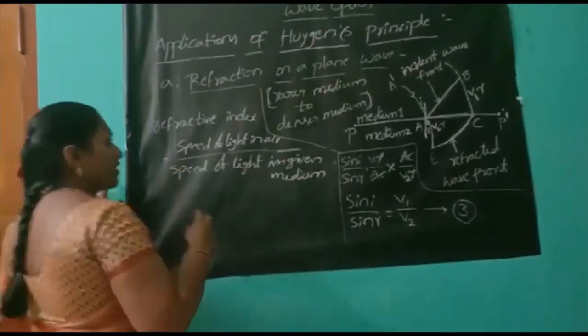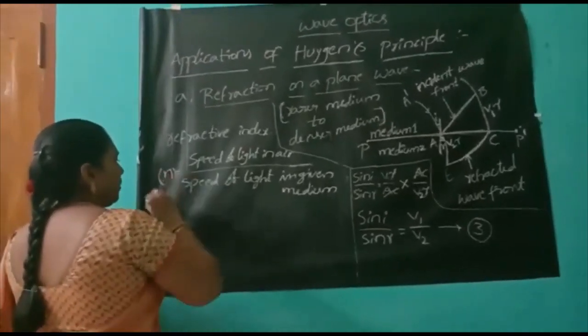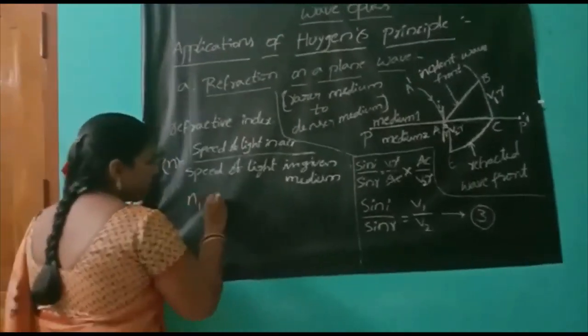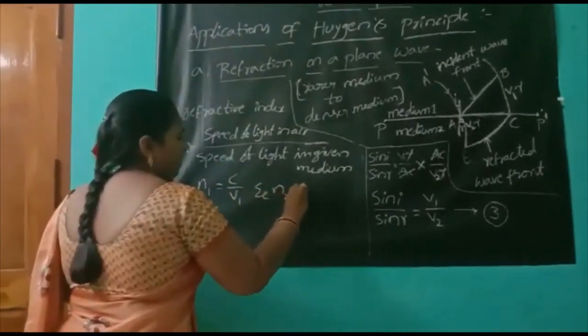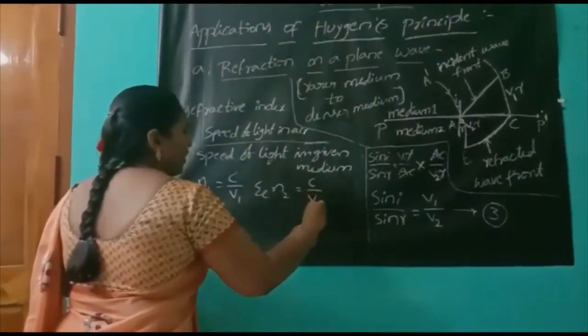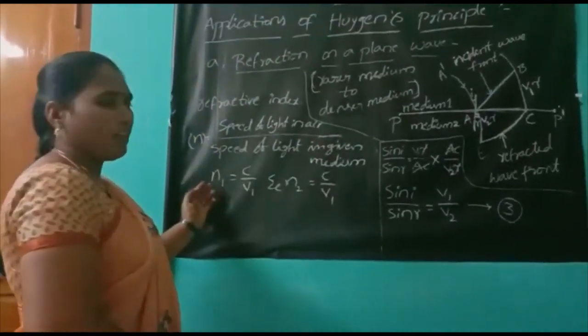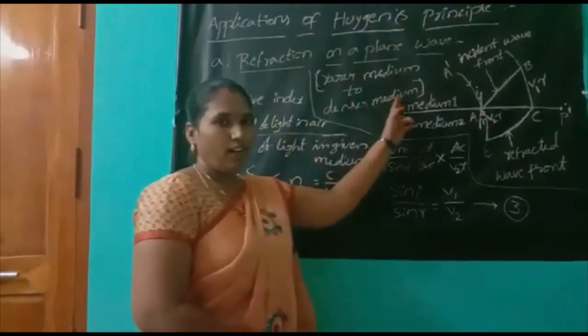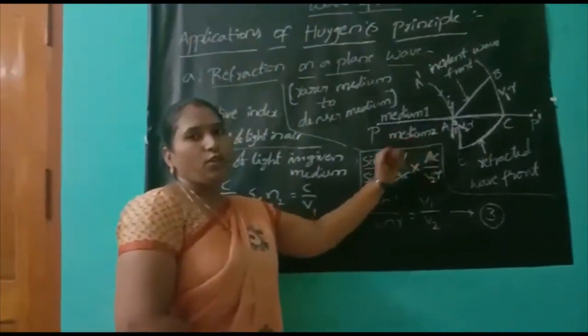Here refractive index is indicated by the letter N. So in this case N1 is equal to C by V1 and N2 is equal to C by V2. Here N1 means refractive index of medium 1, and N2 means refractive index of medium 2.